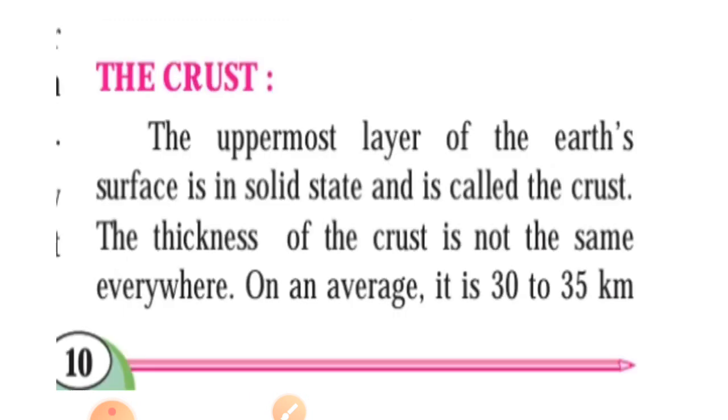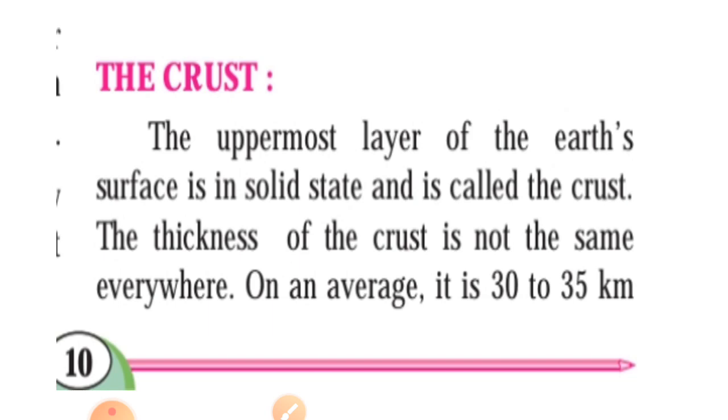The uppermost layer of the earth's surface is in solid state and is called the crust. Dear students, the uppermost layer of the interior of the earth is called the crust. It is in solid state. The thickness of the crust is not the same everywhere.